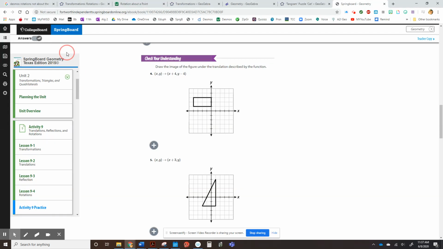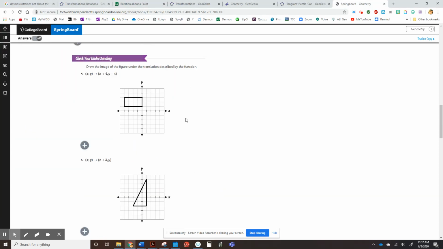All right, at the end of the last video, I asked you to work these two problems, see if you could do it. One thing that I will do for you, because I know Springboard uses this notation and I'm not seeing it in this exercise: another way they could describe this transformation is with this notation, ⟨4, -4⟩.